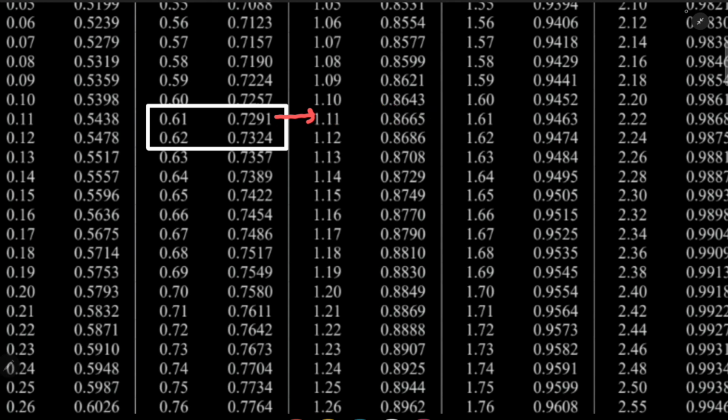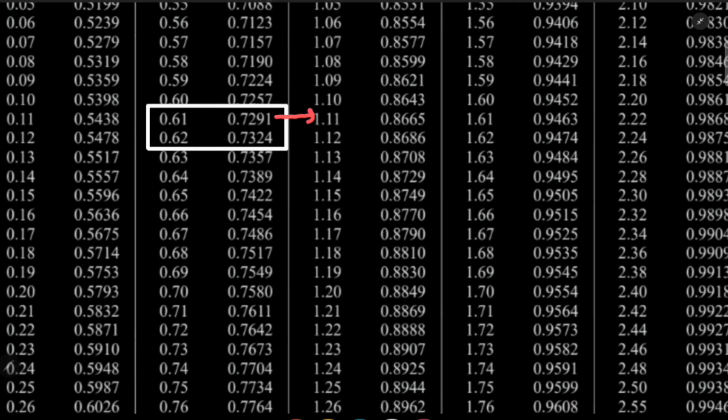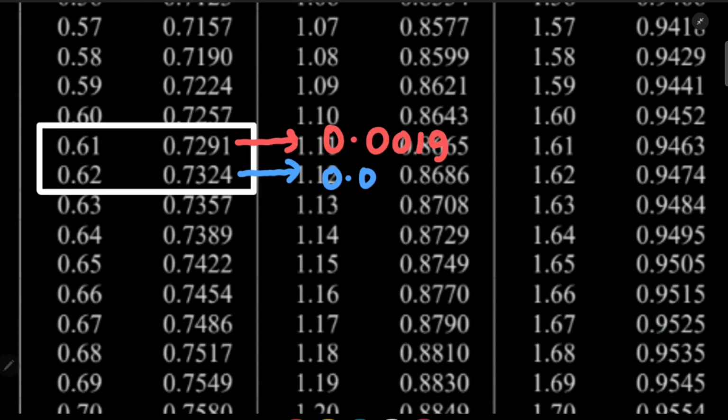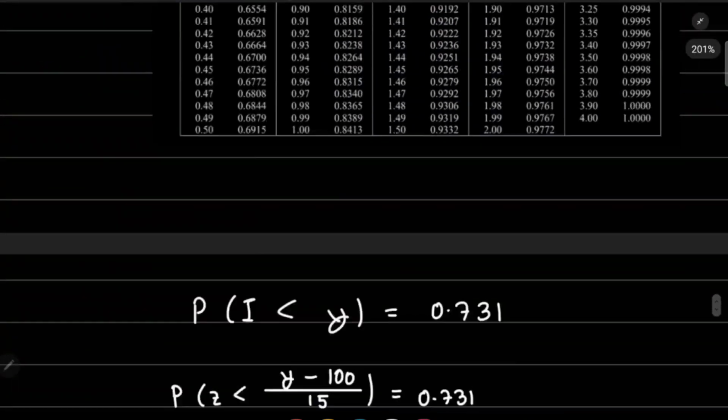This is the difference between the actual probability and the data book value, which is 0.0019 for the first case, and for the second case it's 0.0011. 0.0011 is smaller than 0.0019, so the gap between the probability and 0.7321 is the lowest. Now using the table backwards, I get the z value of 0.62.